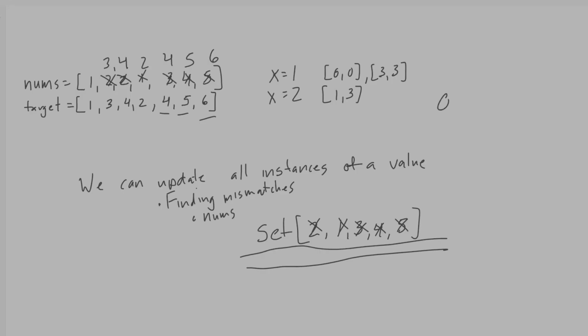So time complexity here is O of n, right? We just have to go through this array one time and find all the mismatches and record those values. The space complexity is a little bit trickier to reason about. Technically, you could say it's O of n, maybe, because the amount of values that we have to store could change based on the input, but really at most we're going to be storing 10 values, right?